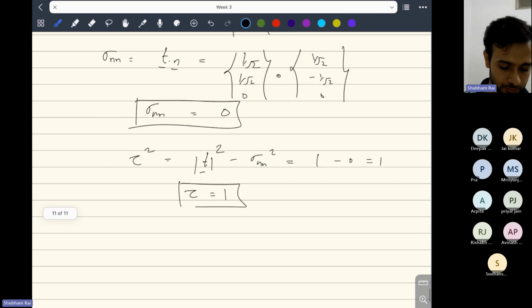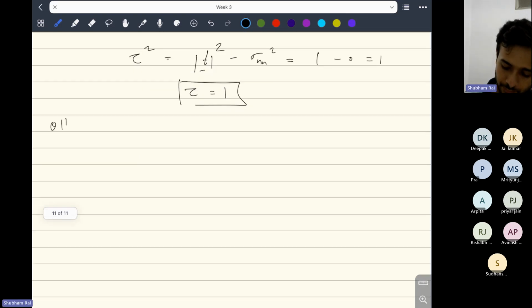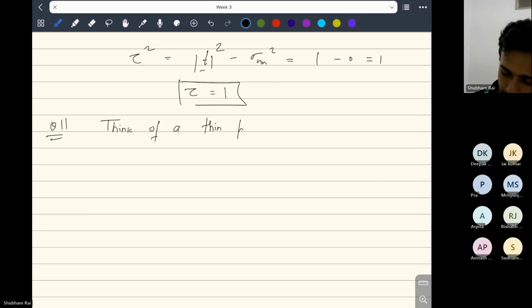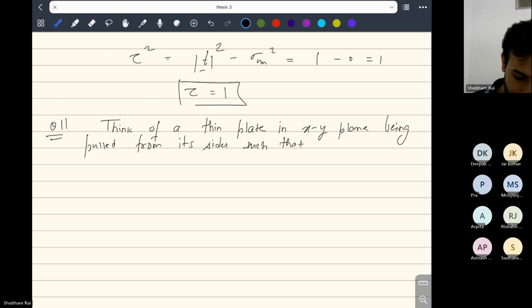Now let's do the last problem. The last problem says you have to think of a thin plate in XY plane being pulled from its sides such that sigma xx is equal to sigma yy is equal to 5 and sigma zz is 0.